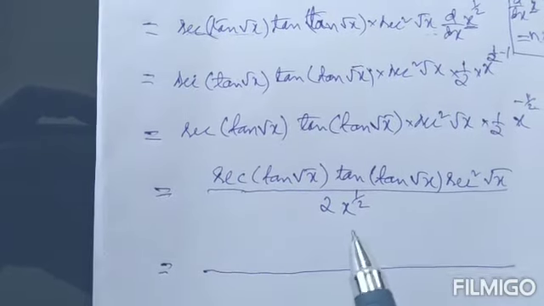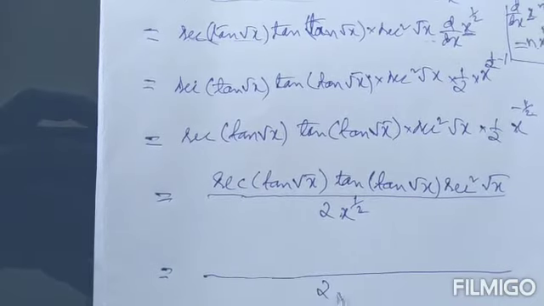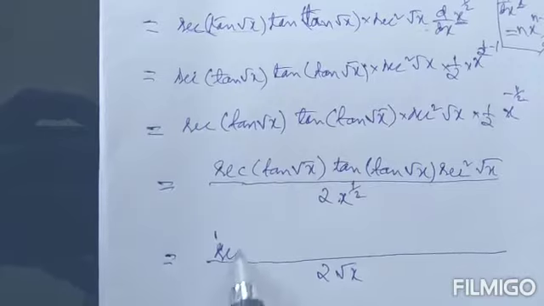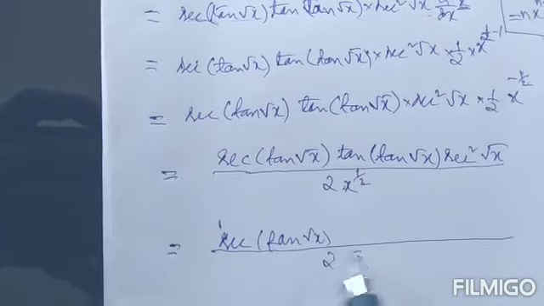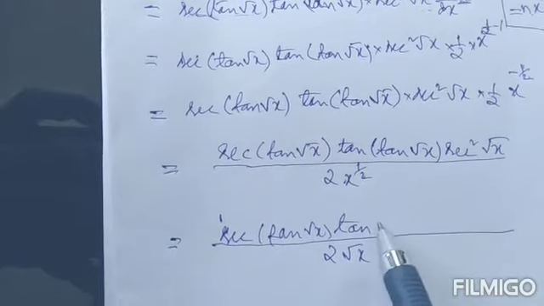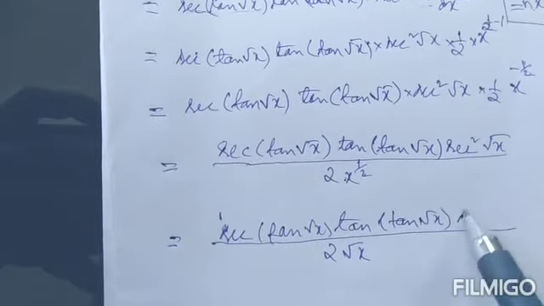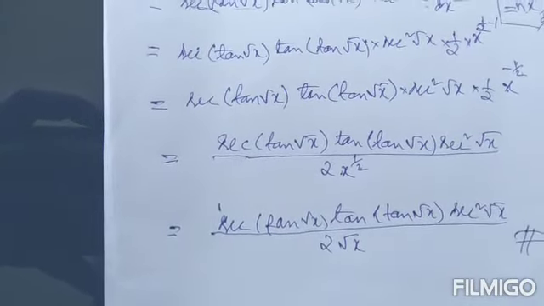In the next line, I have to write x power 1 by 2 as square root of x. Numerator remains the same. Up to that much will be the answer.